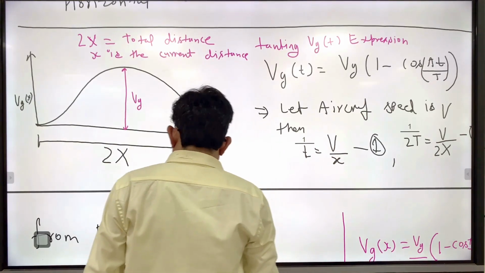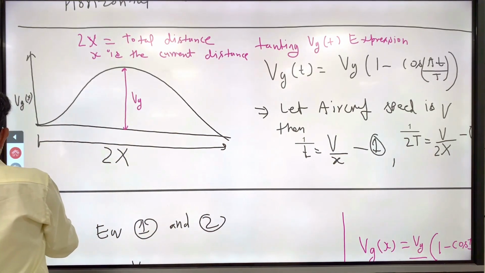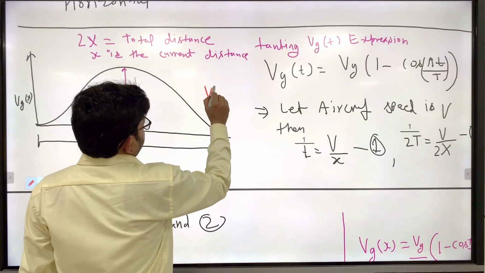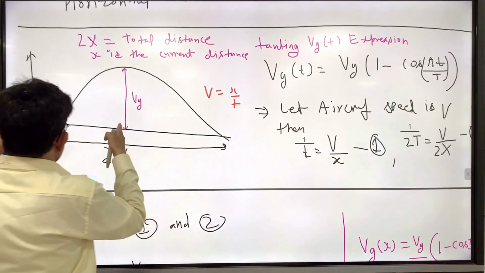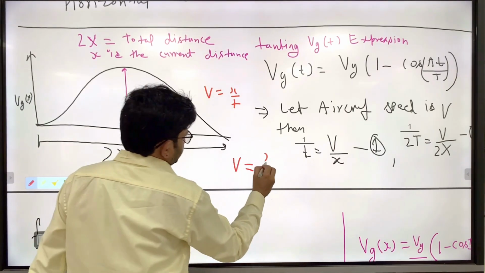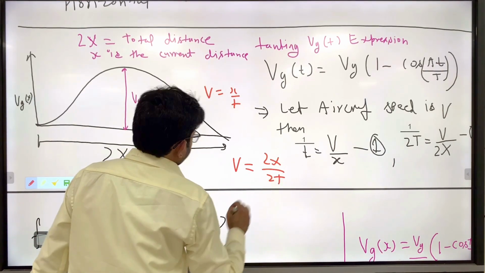So v equals X by T for distance X in time T, and the same speed v equals 2X distance divided by time 2T.